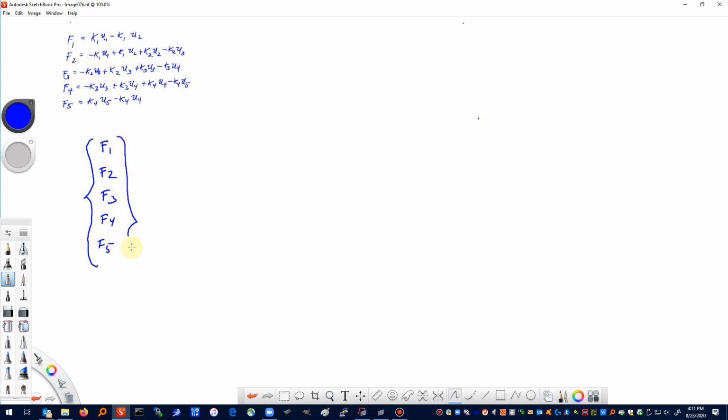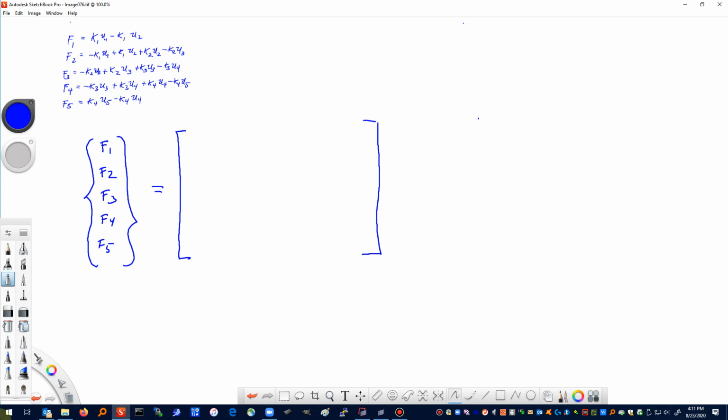Alright, so I shrunk those down just a little bit. But let's write our matrix over here. We're going to have a force vector that's going to have 5 terms in it. We're going to have a big matrix. It's going to be 5 by 5. I think that'll be enough room. In fact, maybe it won't be.